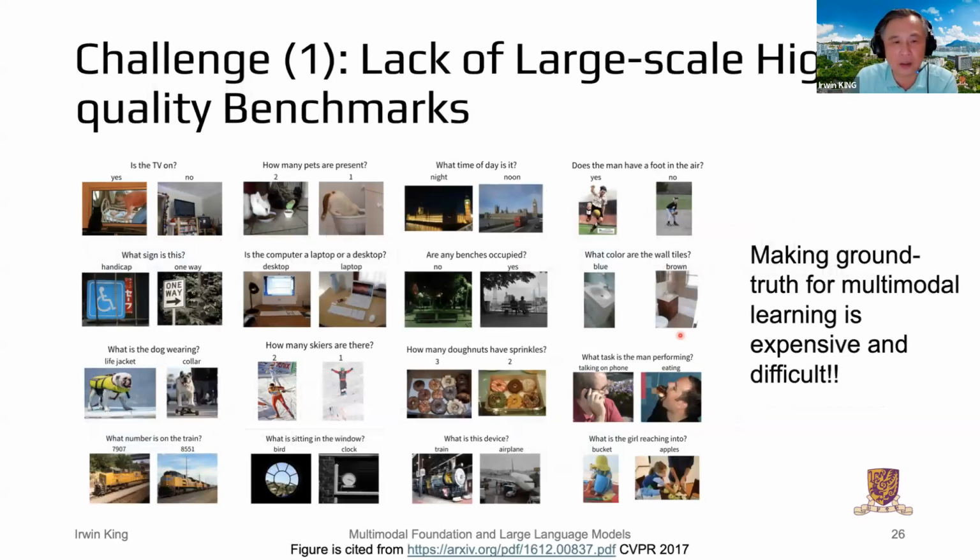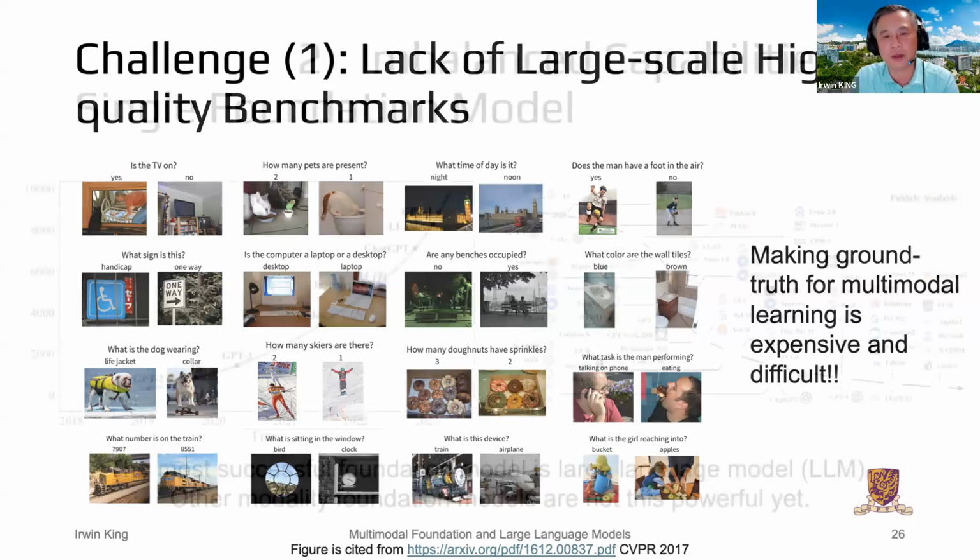Here we illustrate them. One is that we lack high quality benchmarks and repositories. You can see some question and answer examples for a particular image. Yes, we can answer them, but we just don't have enough of this data to train with.